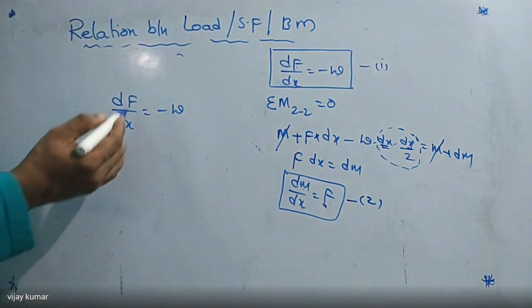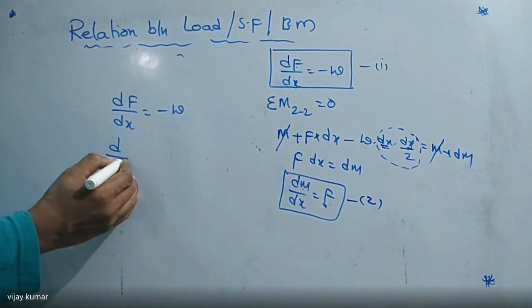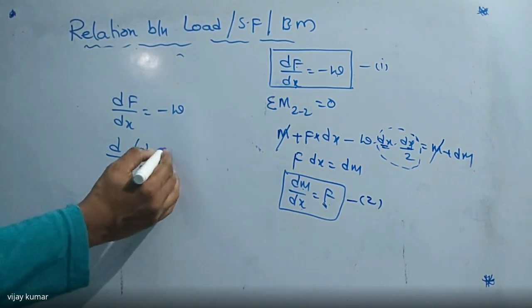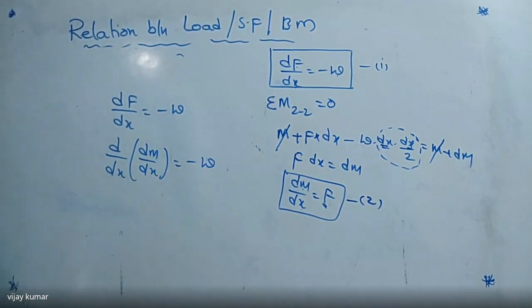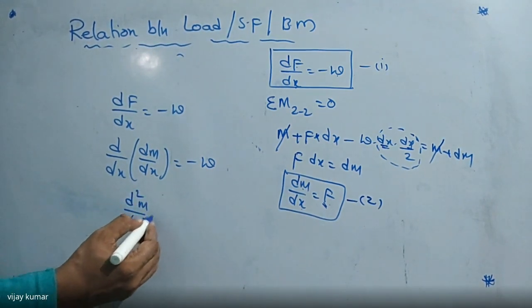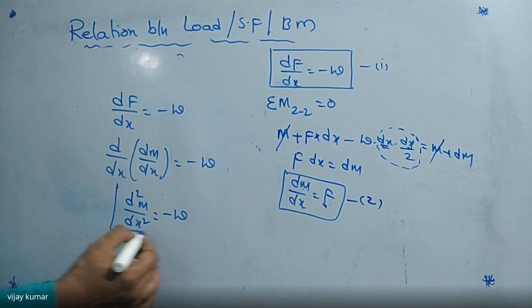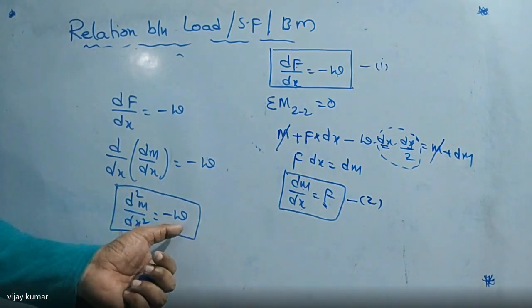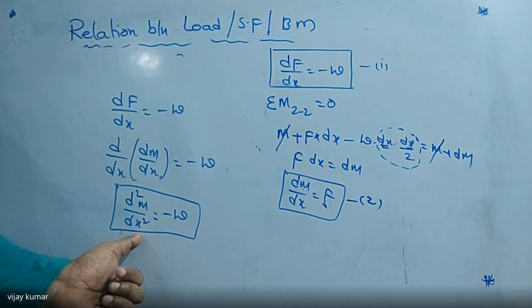F is equal to dM by dx. So I'm writing here d by dx of dM by dx is equal to minus w. Did you get it? So I am writing here d square M divided by dx square is equal to minus w.